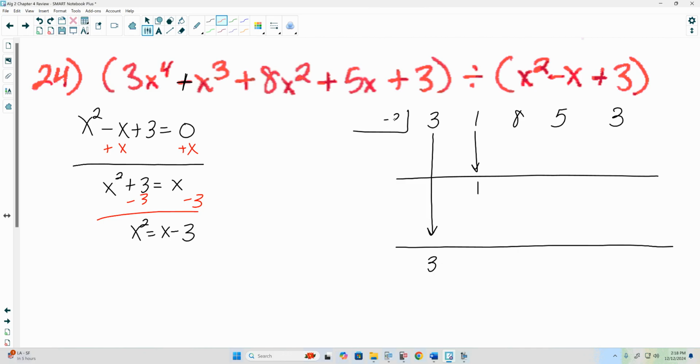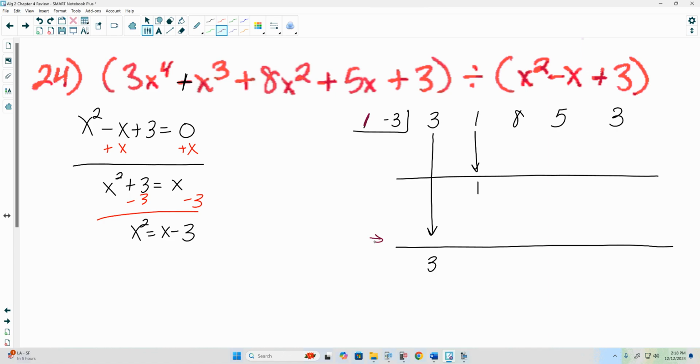Well, negative 3 is going to go closest to the L, and the number in front of x is going to go in front of it, which is 1. And now we multiply just like we did before. All the multiplications with the 1 are going to go above the second line.